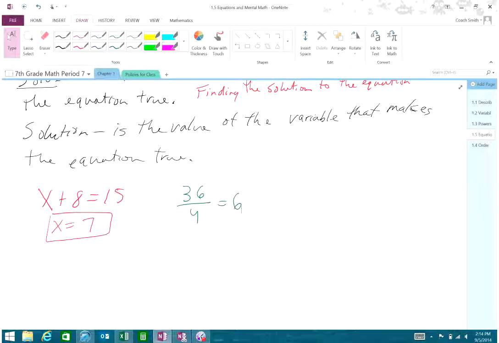What mathematical operation am I doing with 36 over y equals 6? It's division. Okay? That's another way to say 36 division sign y equals 6.